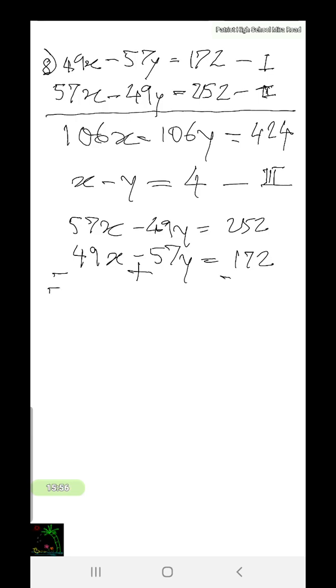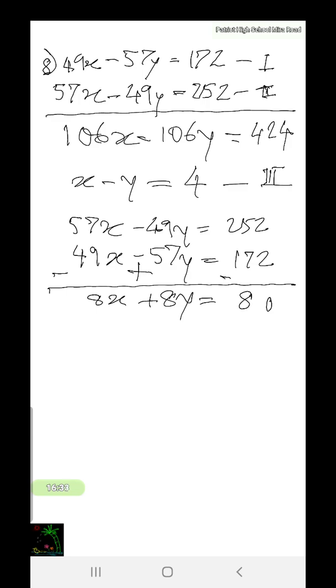So changing the sign throughout the equation, we have minus 49x plus 57y minus 172. Now the difference between 57 and 49 is 8, so 8x plus 8y is equal to 80. 2 minus 2 is 0, 15 minus 7 is 8, and 0, nothing remains.